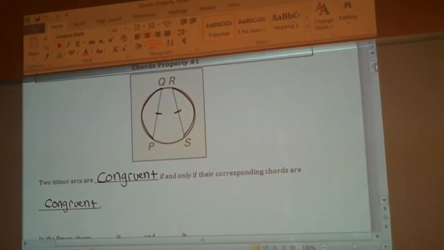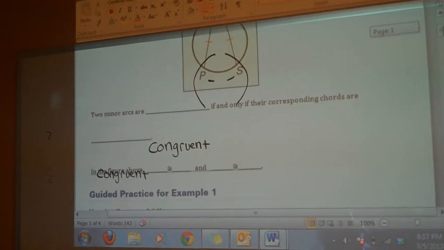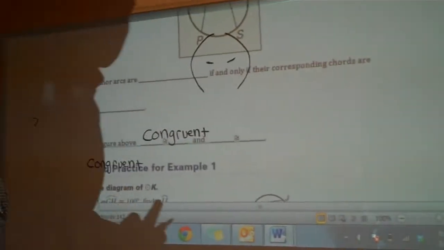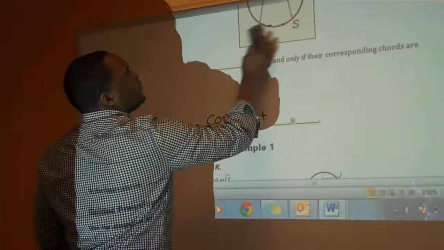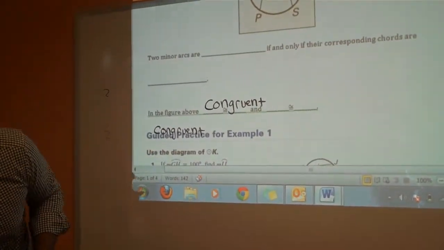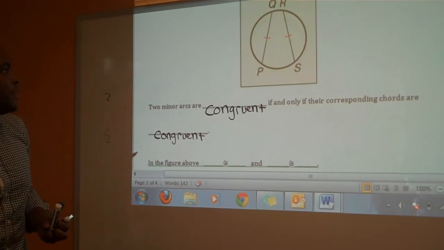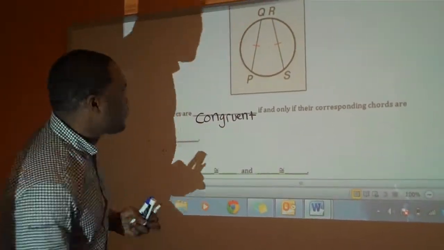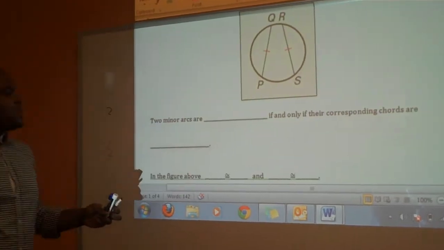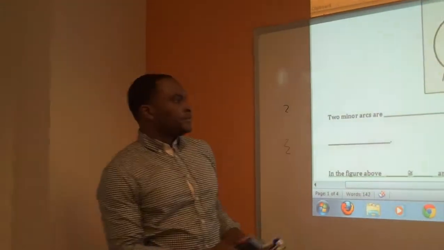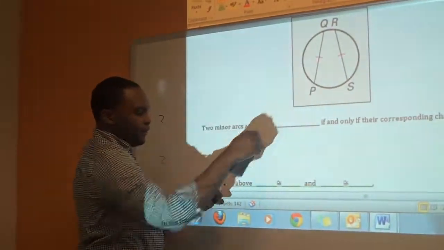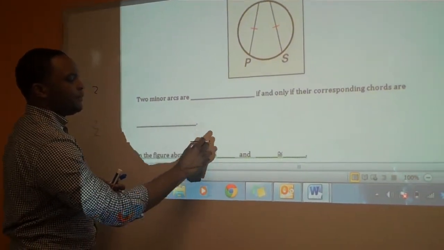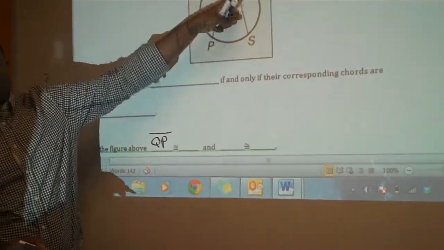So, let's talk about what that means. So it says in the figure above, QP is congruent to RS.